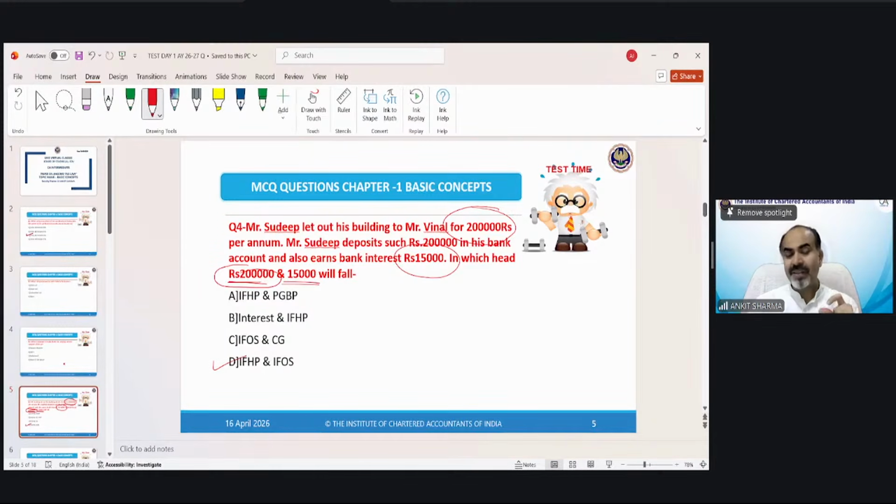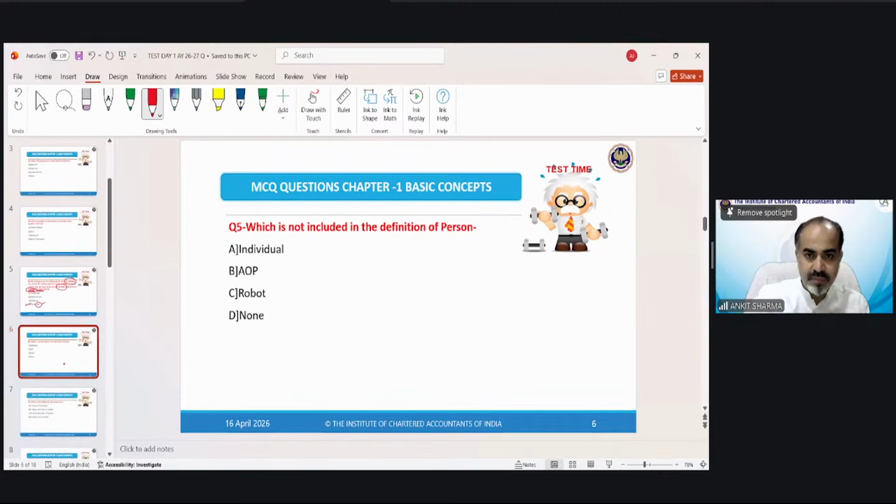And interest income is the income which is not included in any of the other 4 heads: salary, house property, business, and capital gains. So any income which does not fall in any of these 4 heads will form part of income from other sources. The correct answer would be option number D.